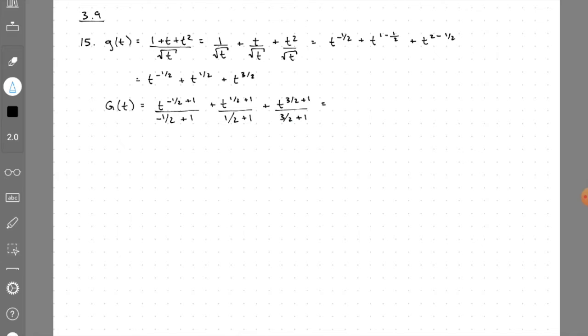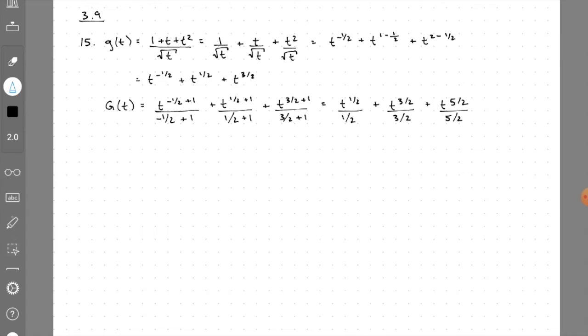Negative 1/2 plus 1 is going to be 1/2. 1/2 plus 1 is going to be 3/2. And 3/2 plus 1 is going to be 5/2.